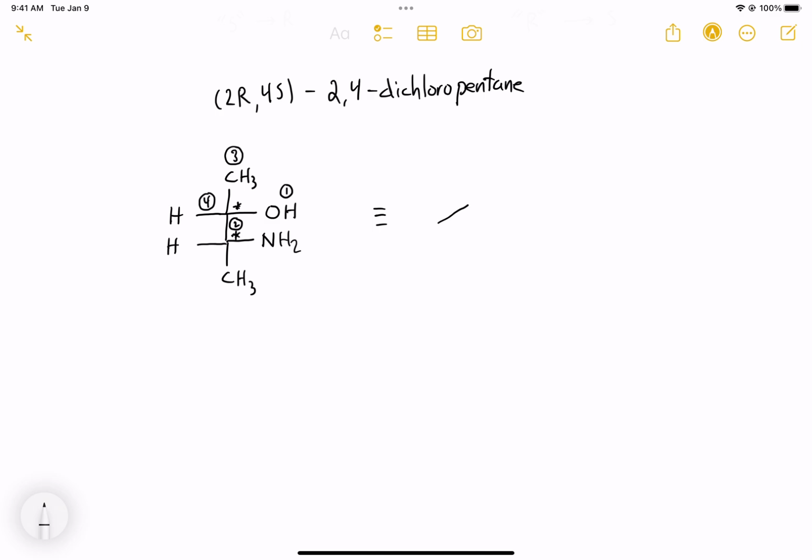Here's CH3, and then if we flip it on its side, I'm guessing the OH will go in the back. Okay, so it's all about perspective, really. And then the nitrogen will also be on the back side. Like this, maybe? All right. Let's see if we can do this.